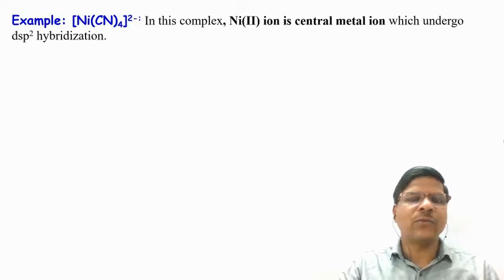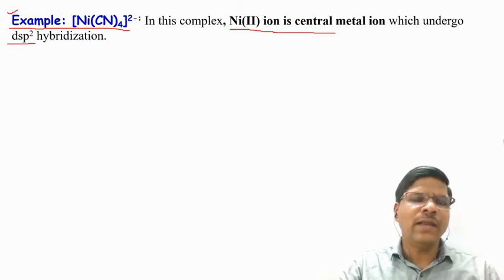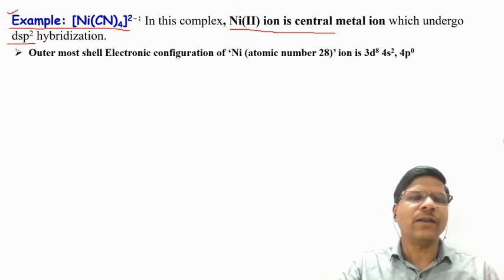We will start with the first type of hybridization, dsp2 hybridization. The example is the tetracyano nickel 2 complex. In this complex, nickel is the central metal ion, and hence we have to consider the hybridization of the nickel 2 plus ion.